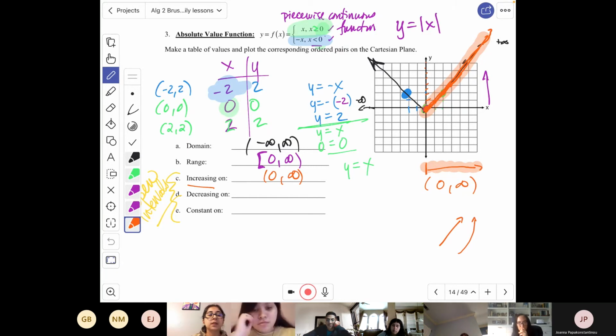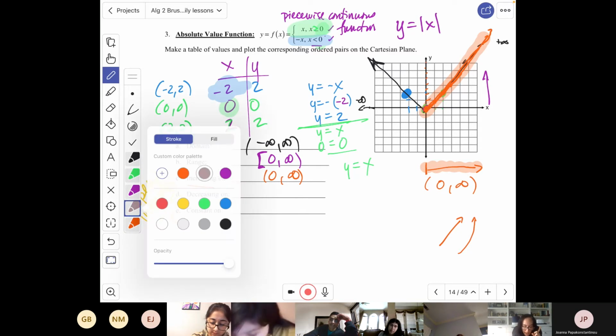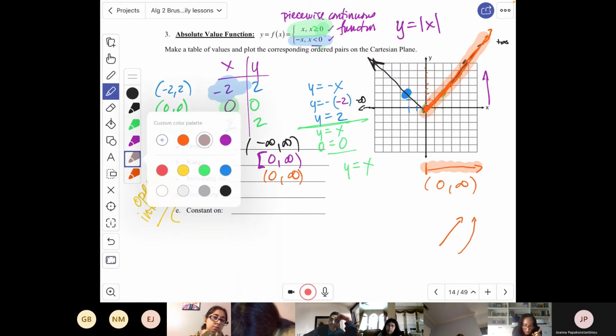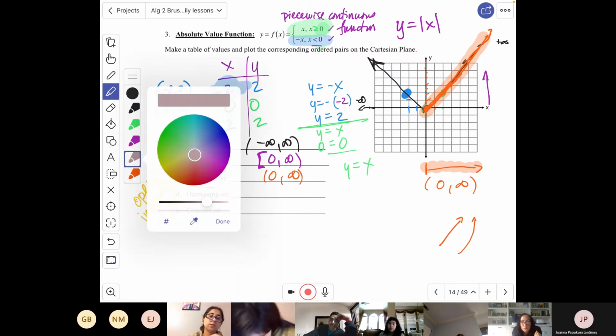A little bit? Yeah. Okay, then let's see if we can apply this thinking to where it is decreasing. So again, I'm looking at the function and I'm looking for where it is falling left to right. So where are my y values?